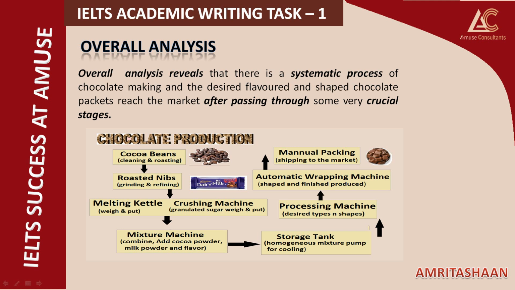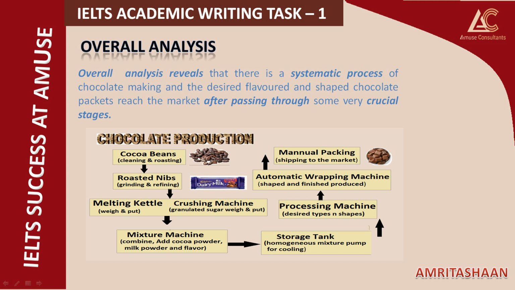Overall analysis reveals that there is a systematic process of chocolate making, and the desired flavored and shaped chocolate packets reach the market after passing through some very crucial stages. So, dear learners, by the time we have got the complete information about how exactly the process has ended here, we would be in a better condition to give our overall analysis.